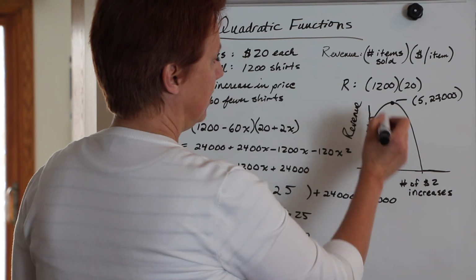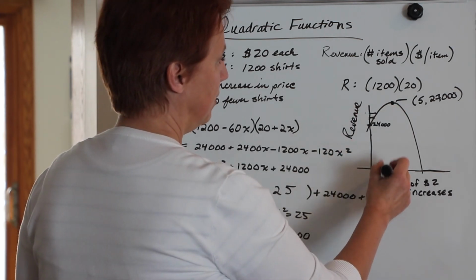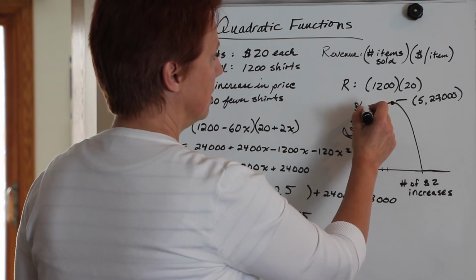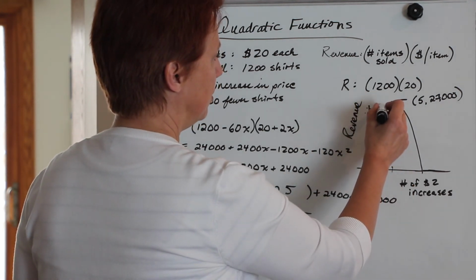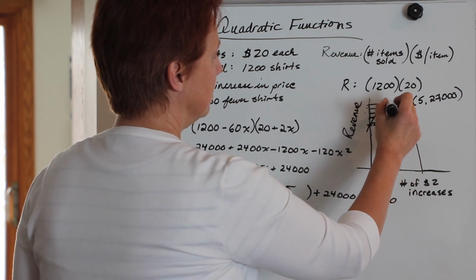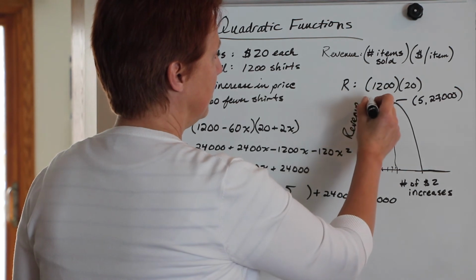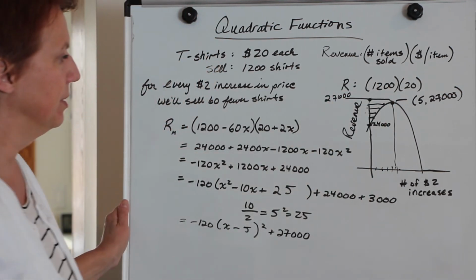And that's going to be right there. And if it was 2 $2 increases, we'd increase revenue to that point. 3 $2 increases, we'd increase revenue to that point. 4 $2 increases, it would be here. And finally, at 5 $2 increases, there's our revenue, which would be 27,000.